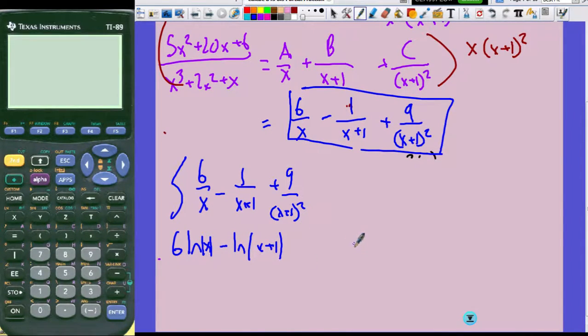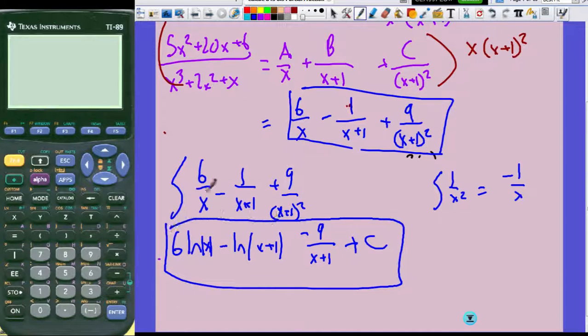Now on this last one, you use substitution here, and you're going to get negative 9 over x plus 1. Think about the integral of 1 over x squared equals negative 1 over x. It's similar to that, using substitution. So plus c, this is going to be your final answer.